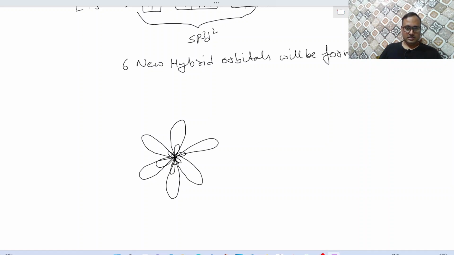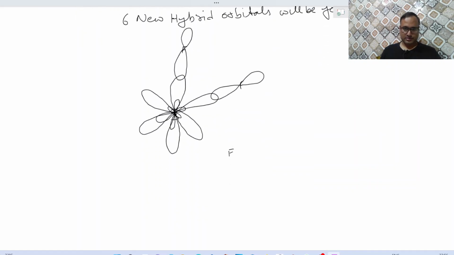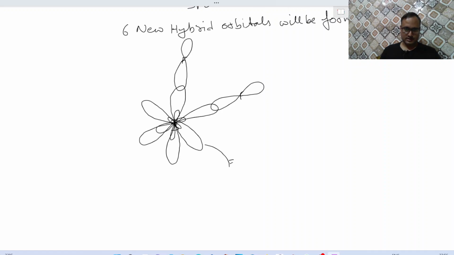Something like this. If I represent fluorine over here, it is going to overlap with its p orbital. Fluorine over here overlapping with its p orbital, again fluorine over here overlapping with its p orbital. Let me draw it like this.